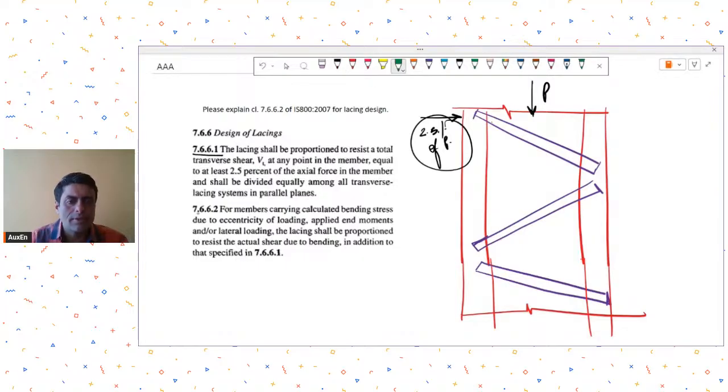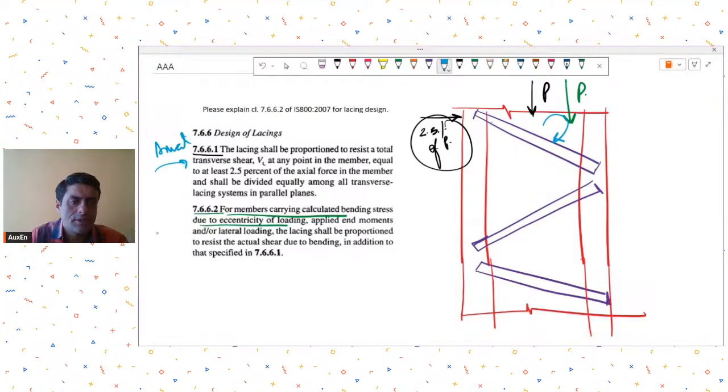Now in 7.6.6.2, they are saying, for members carrying calculated bending stress due to eccentricity of loading. This means that, let's say, my axial load is at a certain eccentricity. So there is some movement in the frame now. In the earlier clause it was only subjected to pure axial loads.